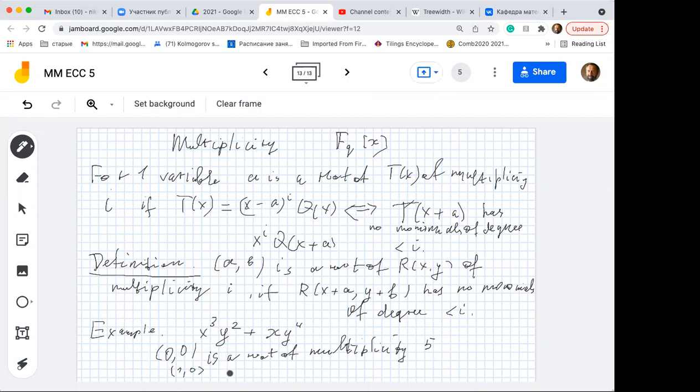Let's see what the multiplicity is now. So we substitute x plus 1 for x. We obtain x plus 1 cubed, and y for y, so y squared plus x plus 1 times y. And then we see that this has a term y, which is not cancelled with anything.